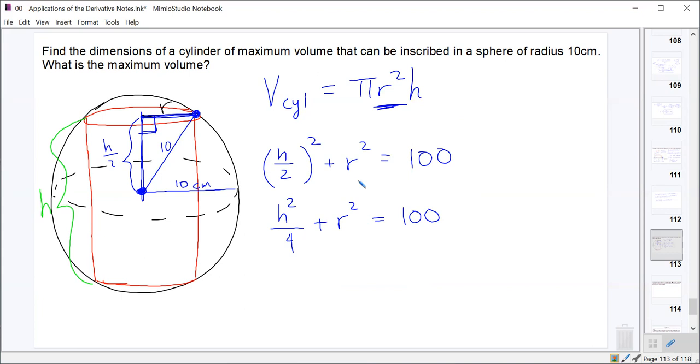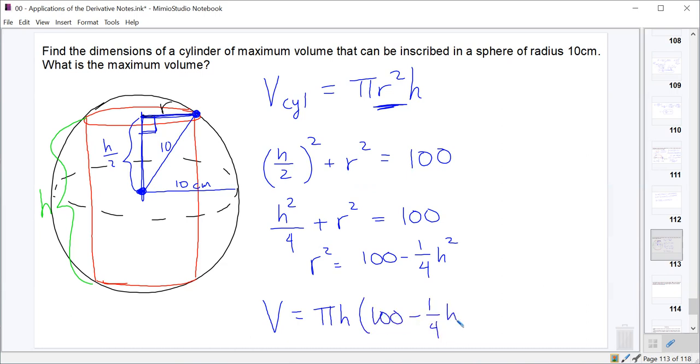So we could just go right ahead and solve for r squared, saying that r squared is equal to 100 minus h squared over 4, or 1/4 h squared. And then plug that into our volume equation, giving us the volume of this cylinder is pi h times (100 minus 1/4 h squared). If you choose to solve for h instead, there's nothing wrong with that, but this will hopefully come out a little bit easier.